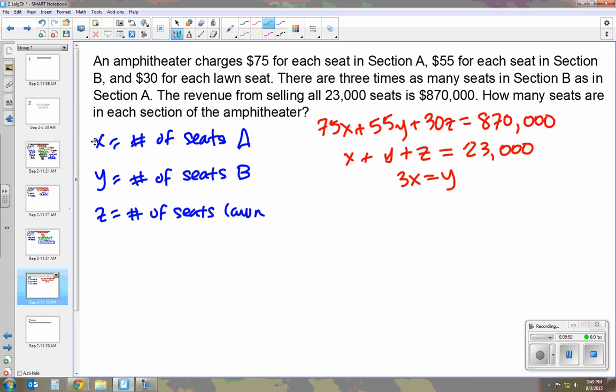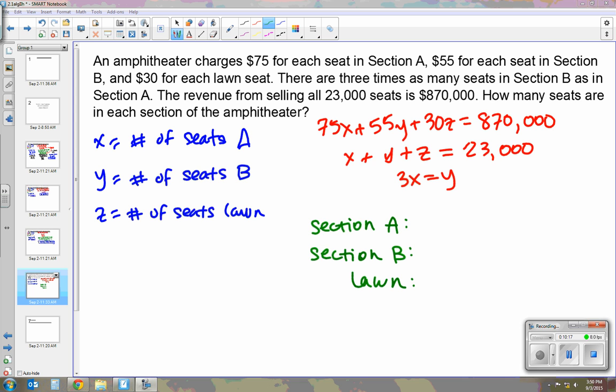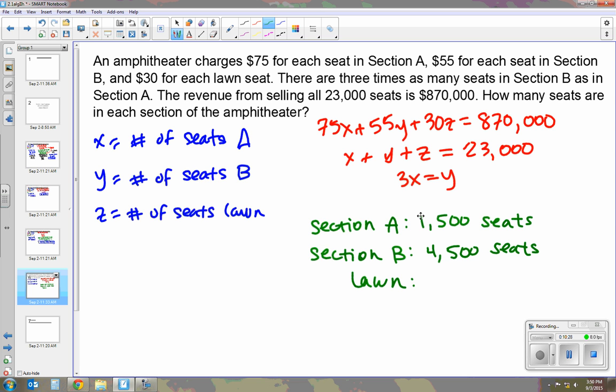So try this on your own and then check to see if your answers are correct. So work out your system, see if you get the right solution.